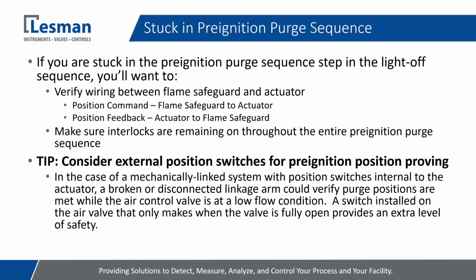After that's complete, the flame safeguard will command the system to go to a low fire condition. Again, some time will elapse, and then it'll see via switch contact back at the terminal that I'm at a low fire condition.